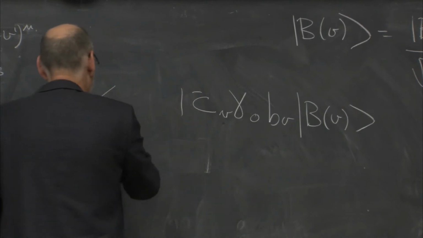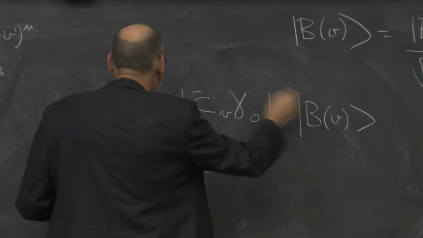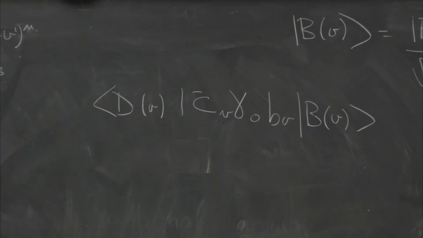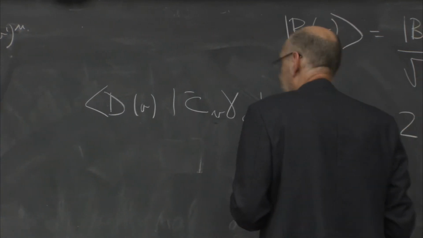And so if we look at this matrix element, these objects, B and D, are in the same multiplet under the spin flavor symmetry because I've just rotated bottom to charm. That matrix element, I know. I know the normalization, and it's equal to 2.